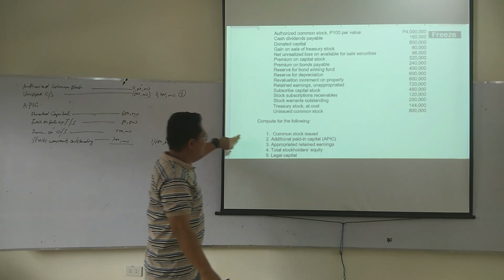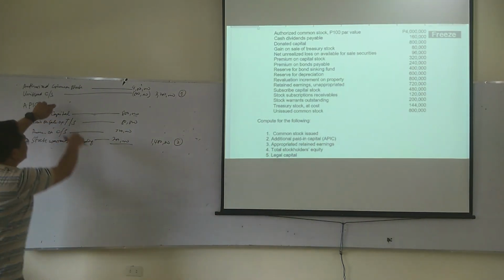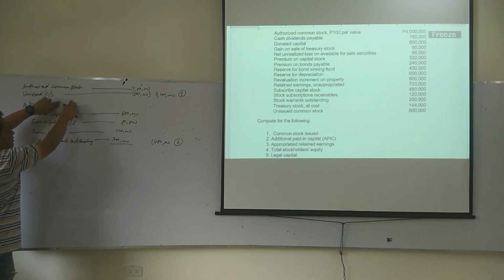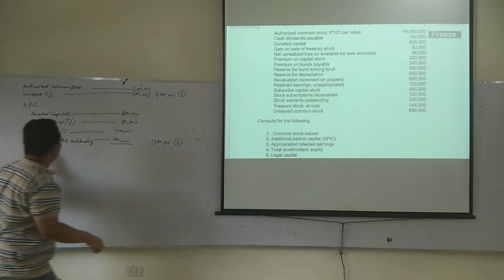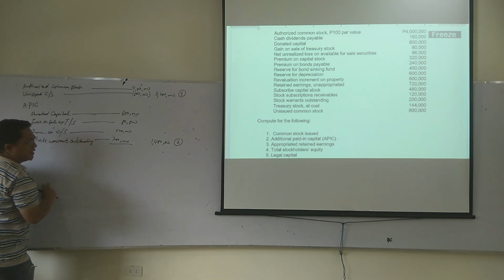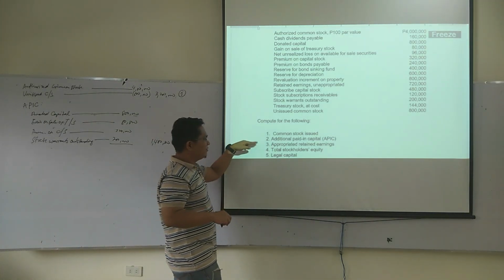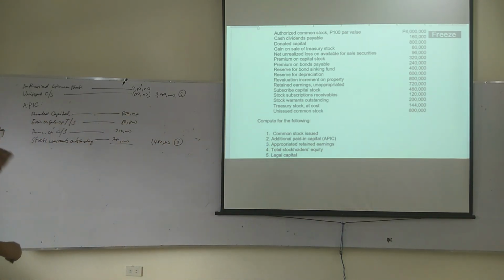Next, how much is the appropriated retained earnings? Again, we are planning to solve for the total stockholders' equity. Might as well put all the retained earnings here, the appropriated and then unappropriated. Because in number 3 we're looking for appropriated retained earnings.